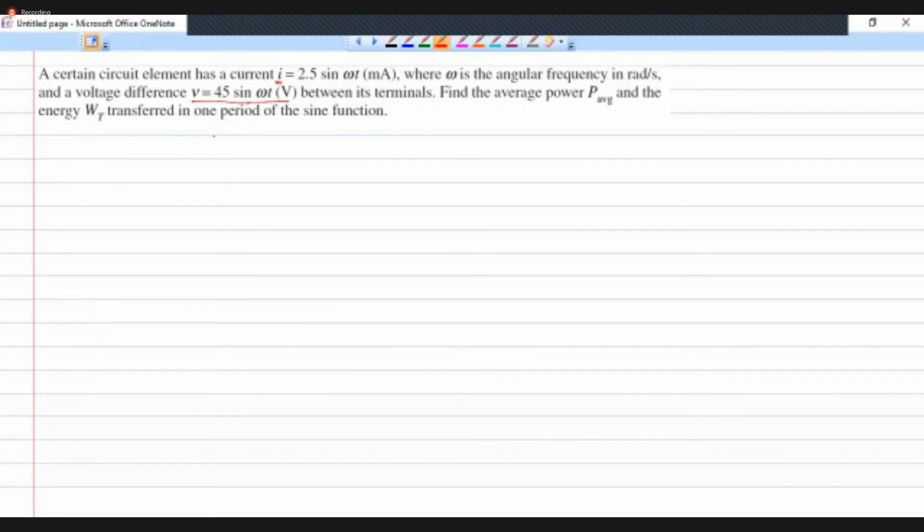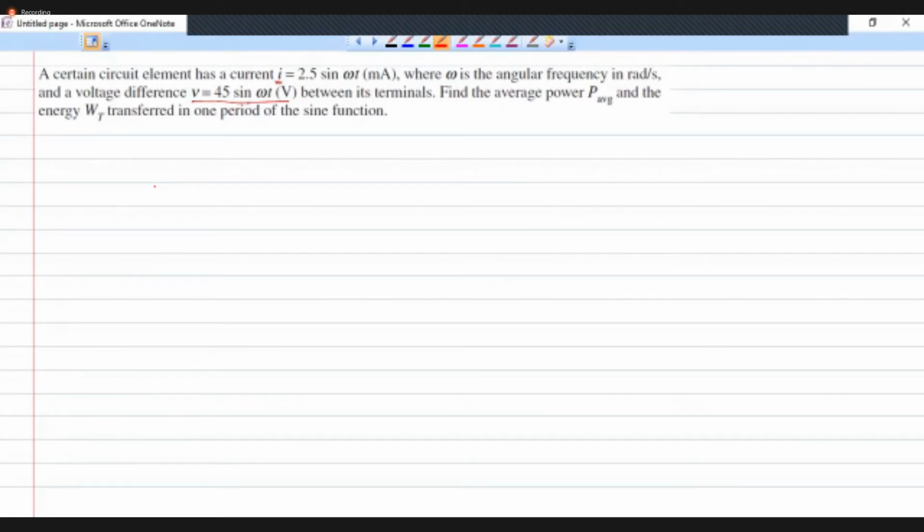We are asked to find the average power and the energy transferred in one period of the sine function. Average power is equal to VRMS into IRMS, that is the RMS power.